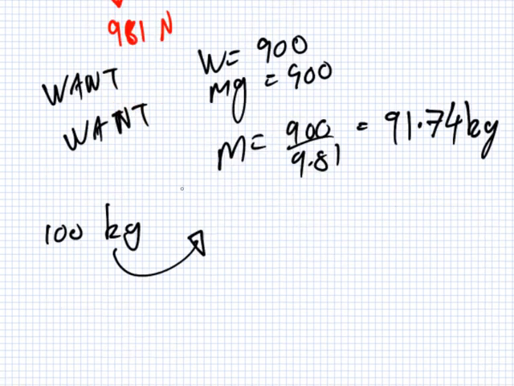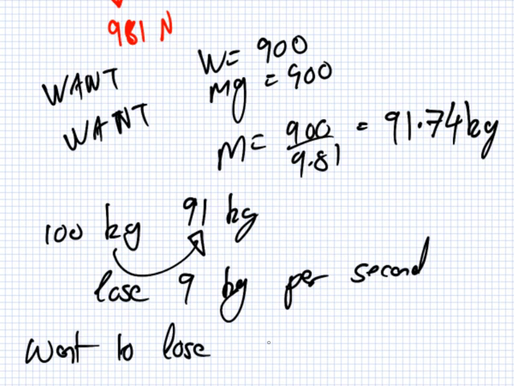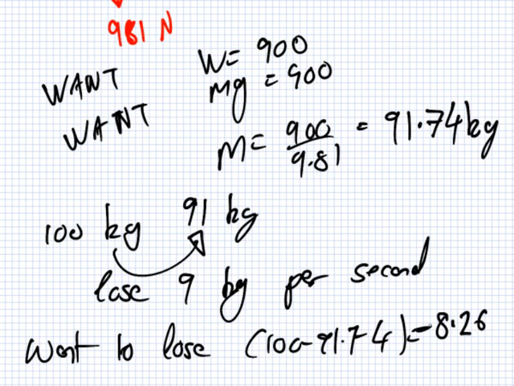It loses 9 kilograms per second. So we want to lose 100 minus 91.74. We want to lose 8.26 kilograms.